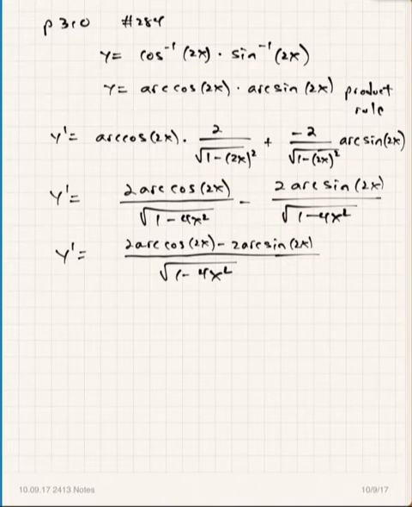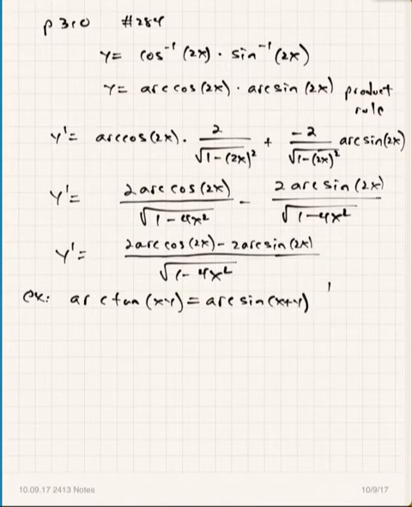Okay, next problem I want to look at. And this will probably be our last problem of the day. So let's say we have this equation, arctangent of xy equals arcsine of x plus y.